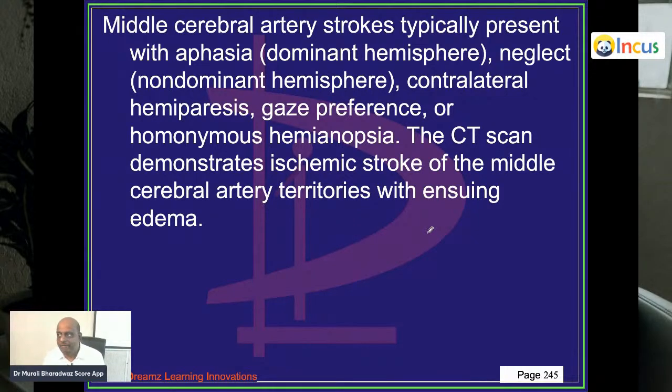So, aphasia is the feature of dominant hemisphere. Neglect is a feature of non-dominant hemisphere. Hemi-neglect. The patient will forget to wear half of his shirt.